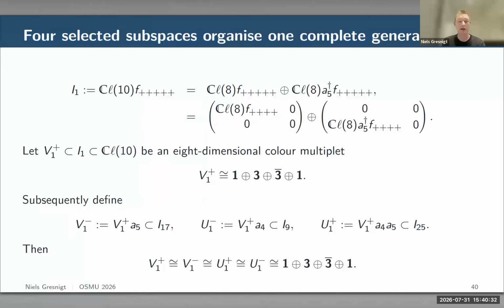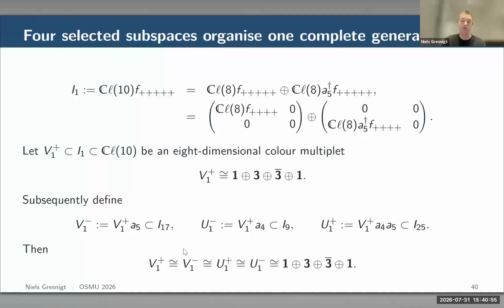And then let's define the remaining three sectors as V1 minus, U1 minus, and U1 plus. And we can obtain them by right multiplication by A5, A4, or both A4 and A5. And then we find that they live in 4 of the other minimal left ideals.